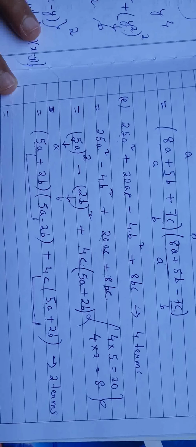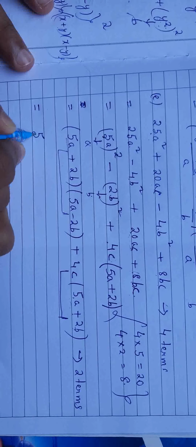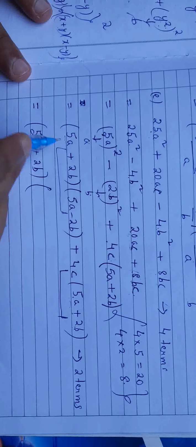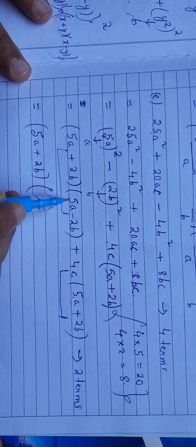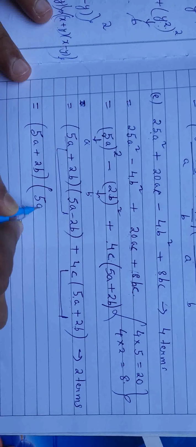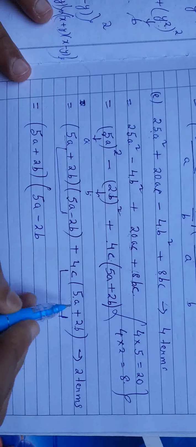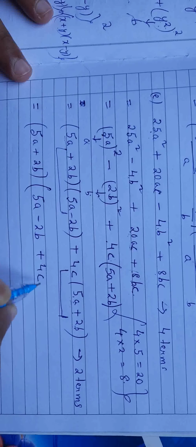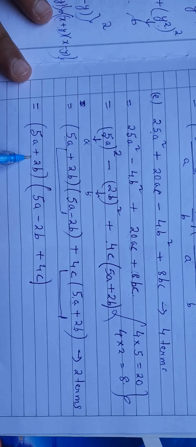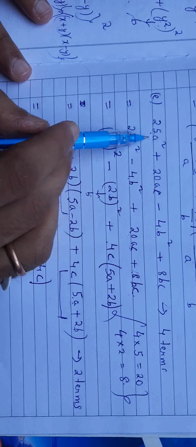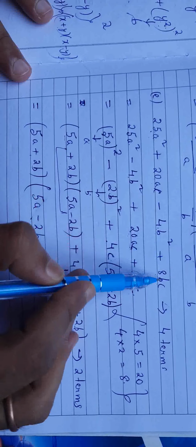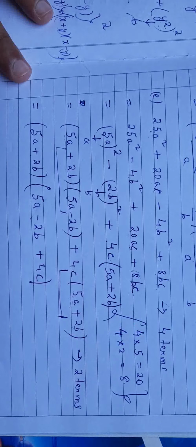So we can take 5a plus 2b common. When we take 5a plus 2b common, from the first term we are left with 5a minus 2b, and from the second term we are left with only 4c. So these are the two factors of this expression, 25a square plus 20ac minus 4b square plus 8bc.